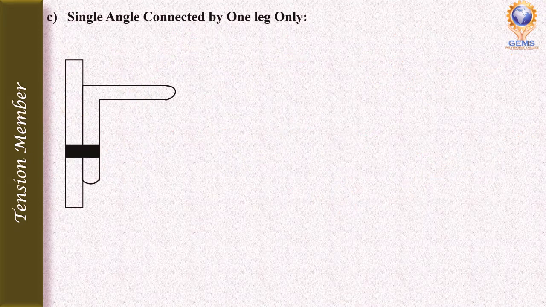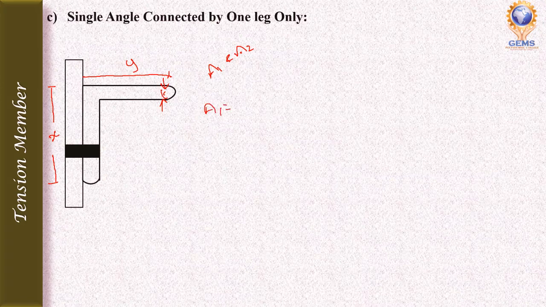How can we find A1 and A2? Assume from here to here the distance is x, and from here to here the distance is y, and it has a thickness of t. We have to find A1 and A2.